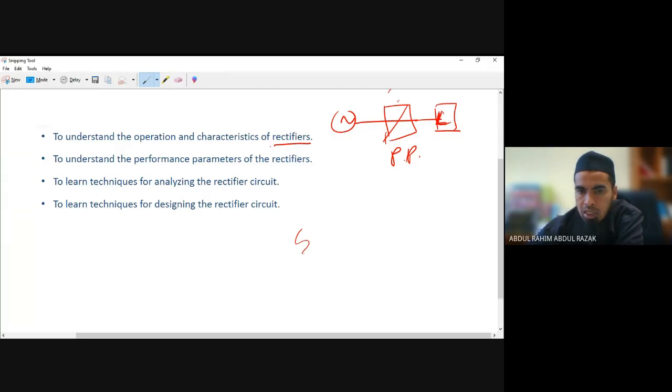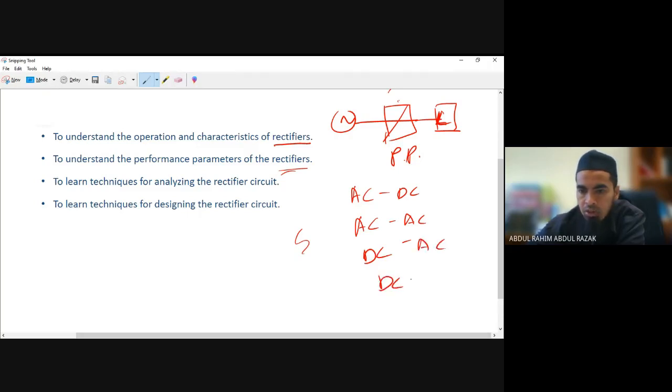So when you learn about rectifiers, it means that we are converting from AC to DC. This is the first part that we're going to discuss: rectifiers, or AC to DC power processing. Later maybe we talk about AC to AC, and then DC to AC, which is the DC to AC inverter.